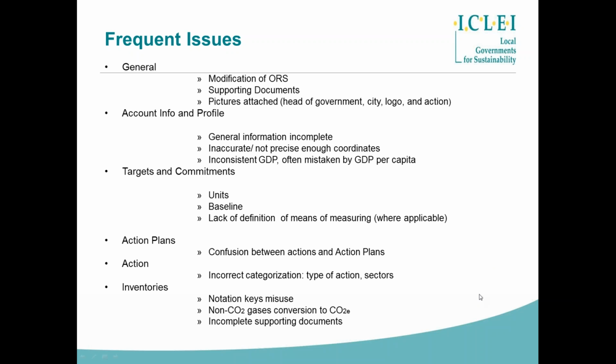And then in inventories, notation keys misuse, so a city reporting, for example, non-estimated, so not accordingly to the GPC, for example, where it's not allowed, or non-CO2 gases conversion to CO2 equivalents, and then again incomplete supporting documents.